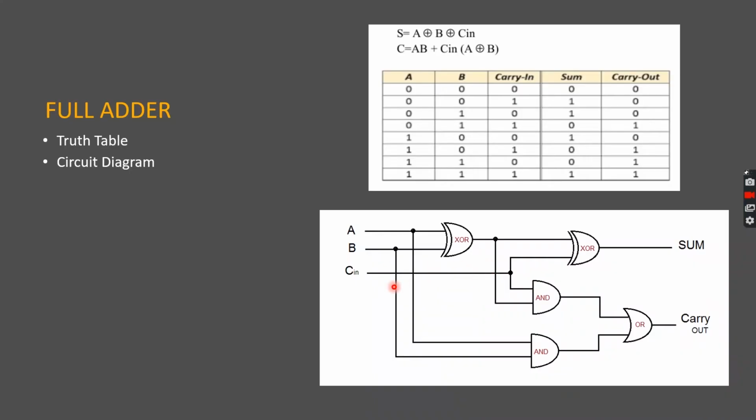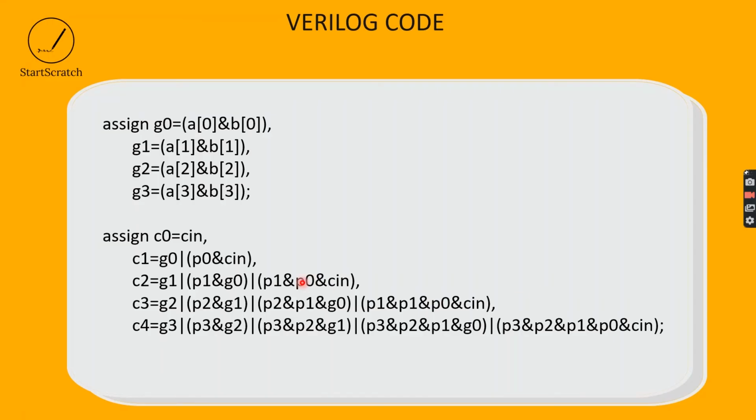Here C1 will be given, and this C1 will be driven to the AND gate with P1, that is P1 and C1. If you elaborate this one, P1 and C1, you will be getting P1 and G0, or P1 and P0 and Cn.